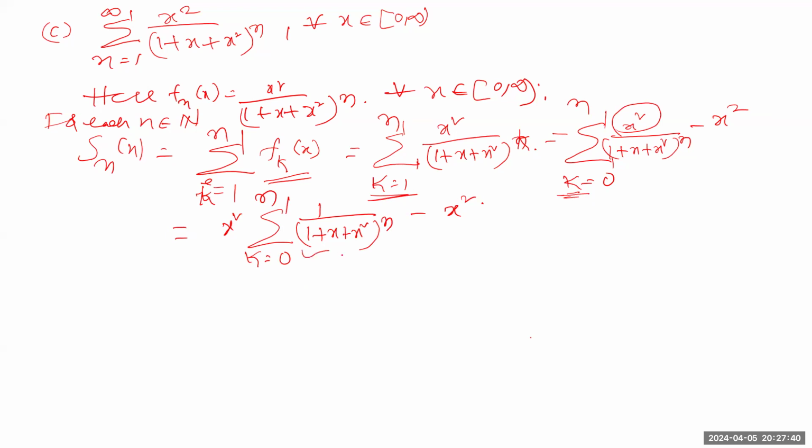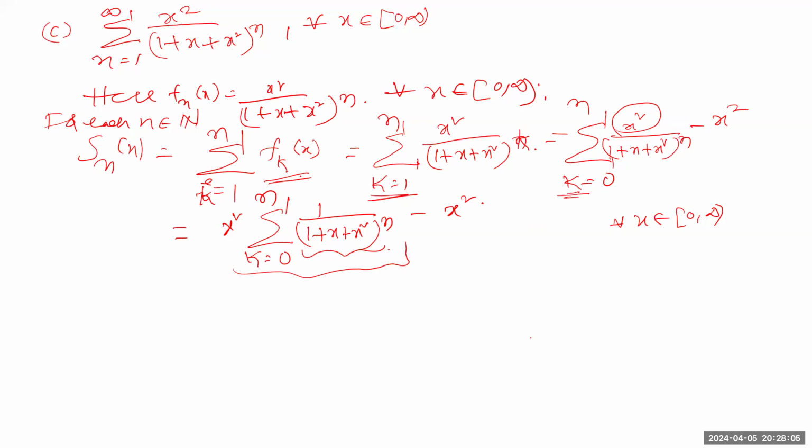What is this value for all x belongs to 0 comma infinity? You have to check the sum of the terms. From 0 to n there are n plus 1 terms.